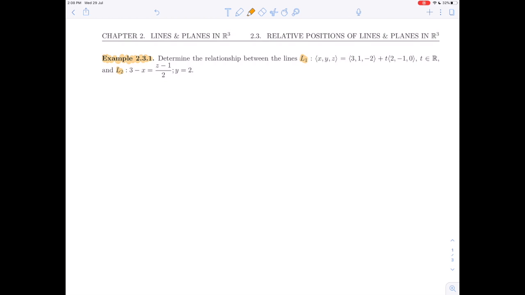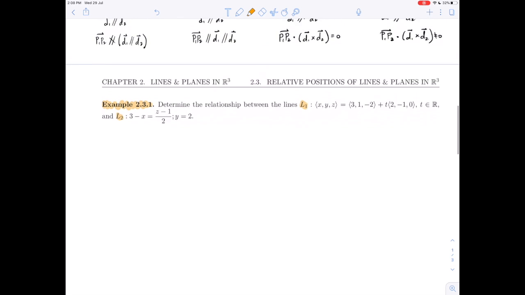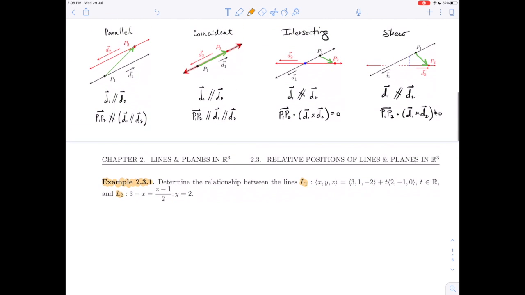Now, to help us in this task, I have prepared a little review of the four possibilities for two lines in three-dimensional space. Two lines may be parallel, coincident, intersecting, or skew, and we covered these in a previous video.